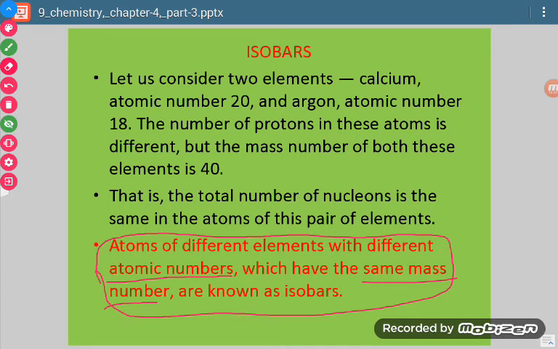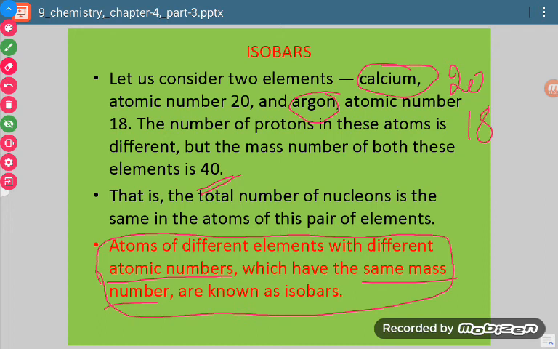Let us take this example. If we talk about calcium and argon, the atomic number of calcium is 20 and the atomic number of argon is 18. If we talk about their masses, calcium has atomic mass 40 and argon also has atomic mass 40.